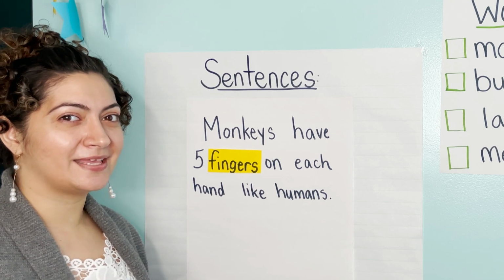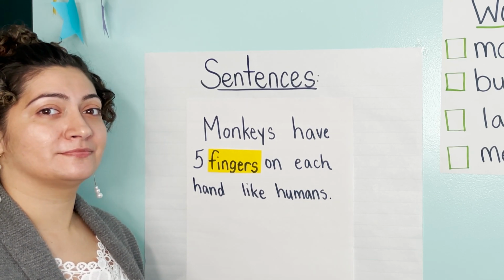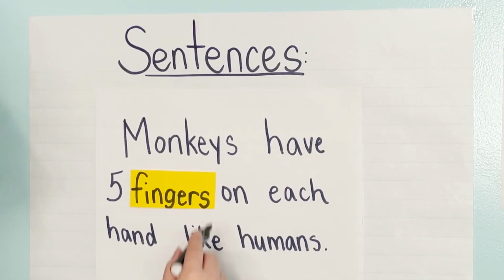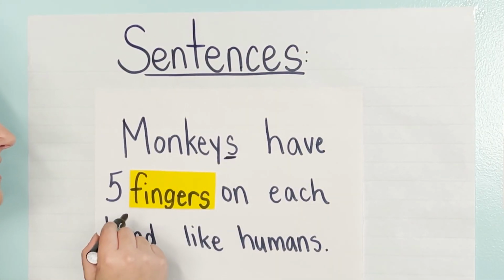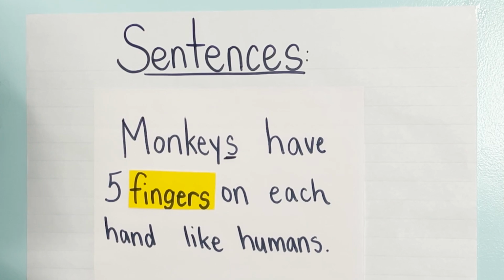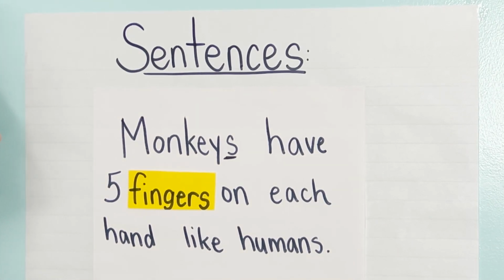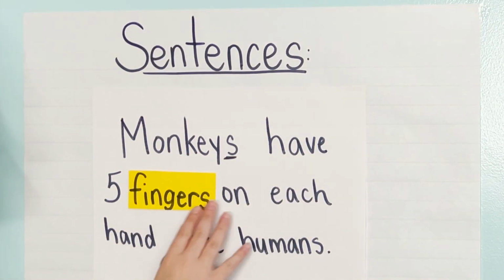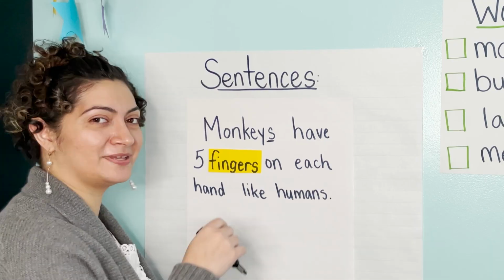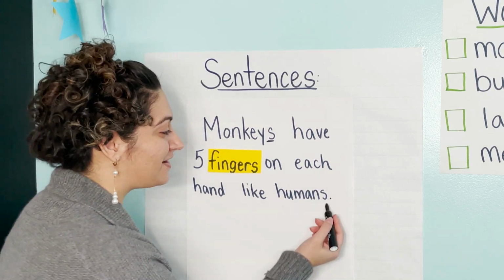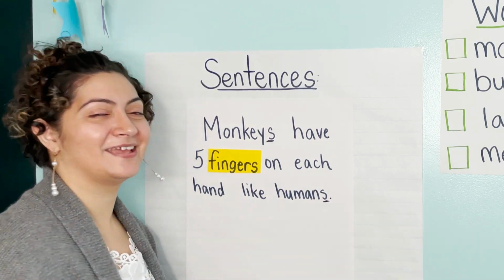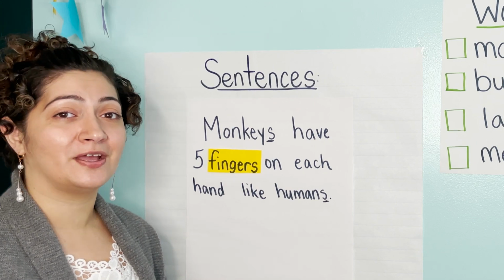They end with an S and they mean more than one. You see the S in monkeys? It's talking about more than one monkey, right? Yes. So monkeys have 5 fingers on each hand like humans. Humans also ends with an S, you're right. And it's just talking about more than one.